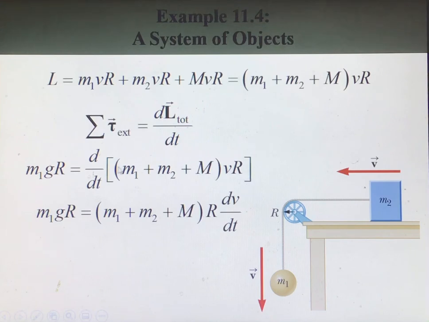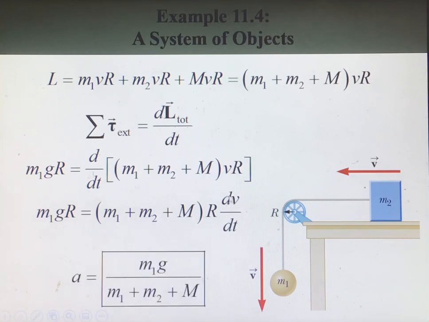Everything here is constant except the velocity. So when you take the derivative, you can pull everything out, and this is just times the derivative of v with respect to t. Since the derivative of v with respect to t is the acceleration, if I substitute dv/dt equals acceleration, then I can solve to get my acceleration as given by this quantity right here.